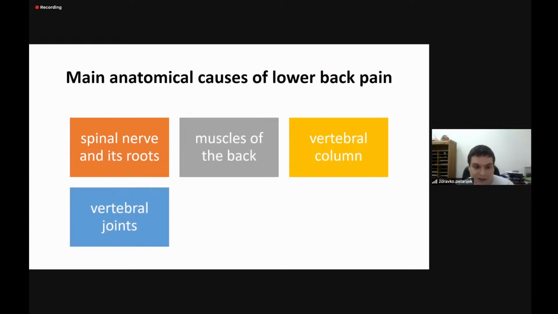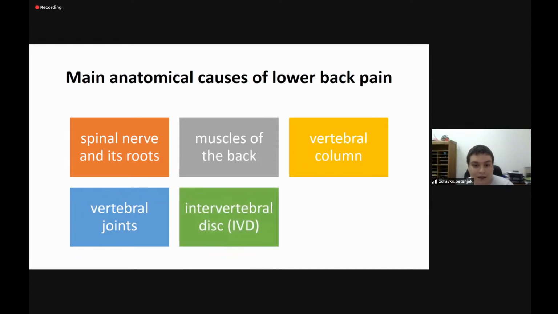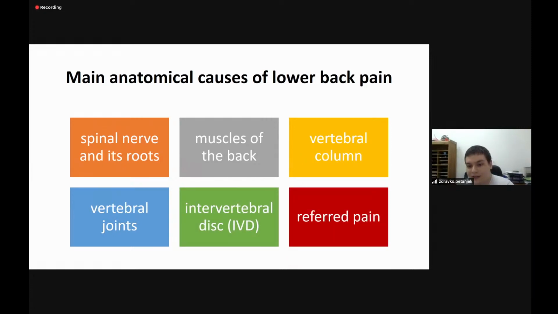Here we mean specifically the zygapophyseal joints, so the small joints of the vertebral column. The intervertebral disc. And finally, some causes of low back pain can be due to referred pain, so pain that projects from other parts of the body, such as the inner organs. For example, pyelonephritis is a cause of pain in the back, but not related to the structures of the back.